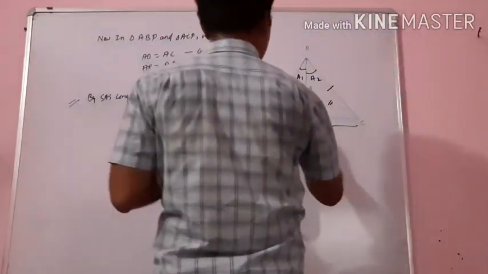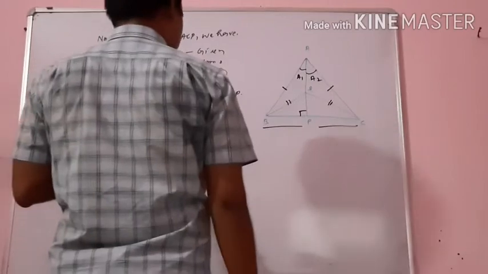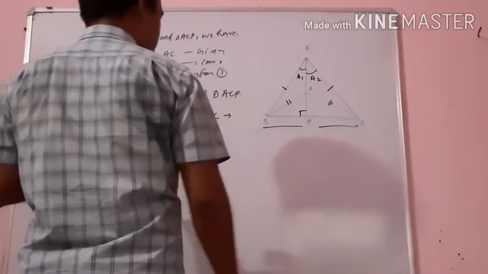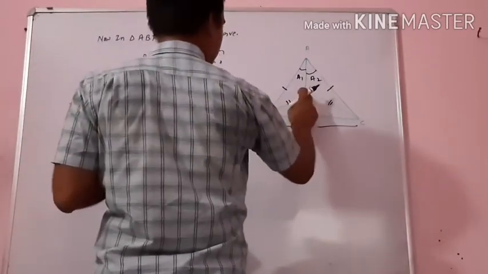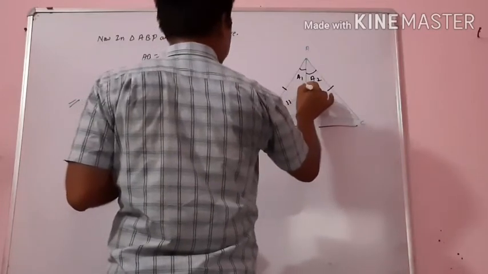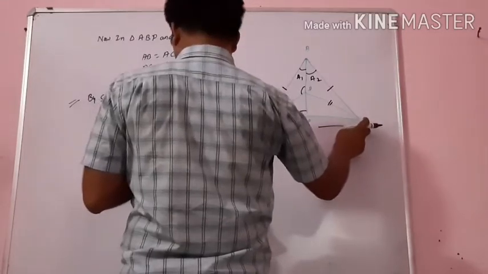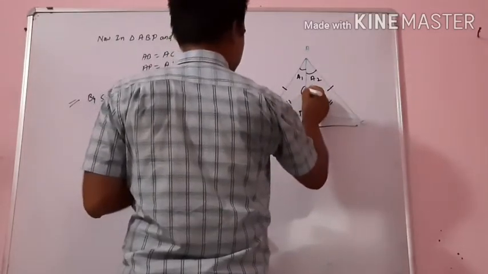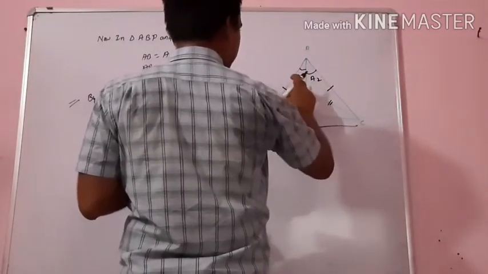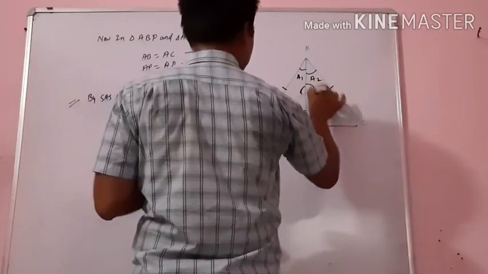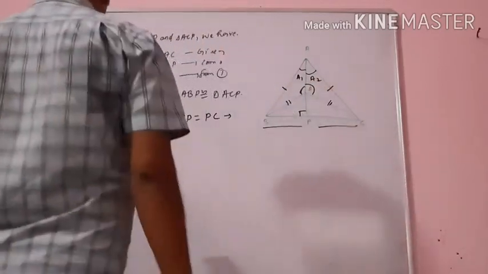Now BP equals CP, which means angle BPA will be equal to angle CPA. When we have proved that this triangle is congruent to this triangle, this angle will be equal to this angle.